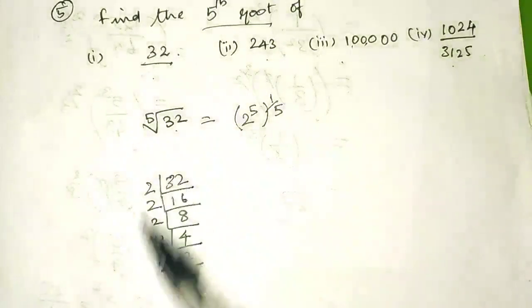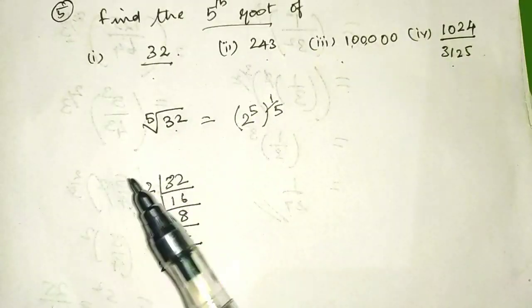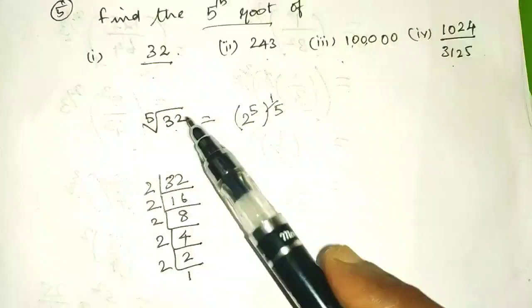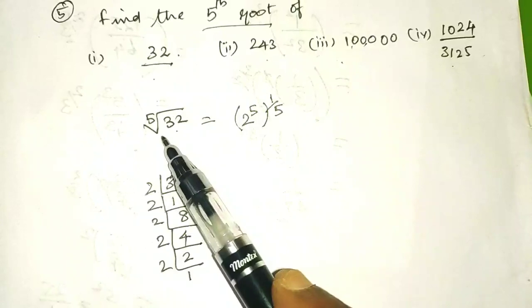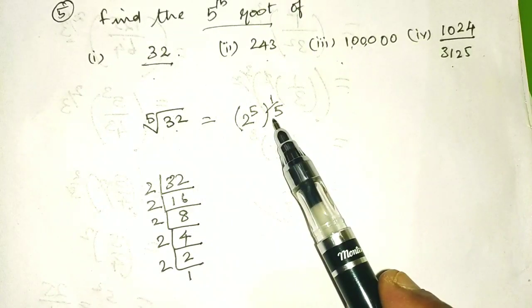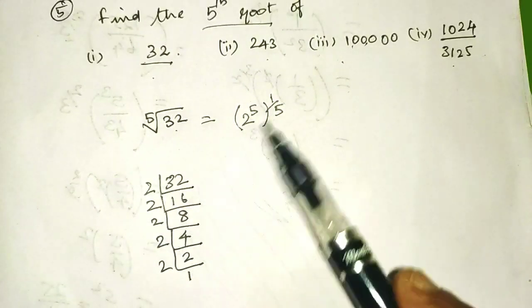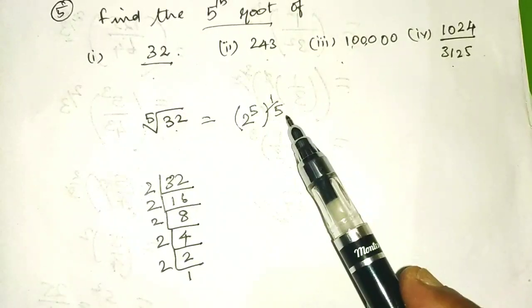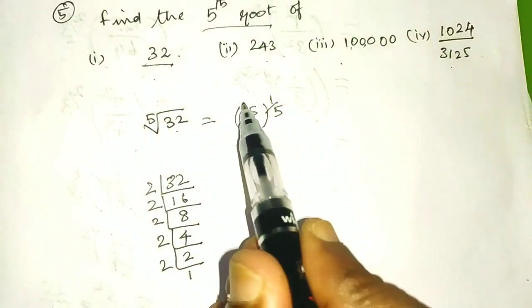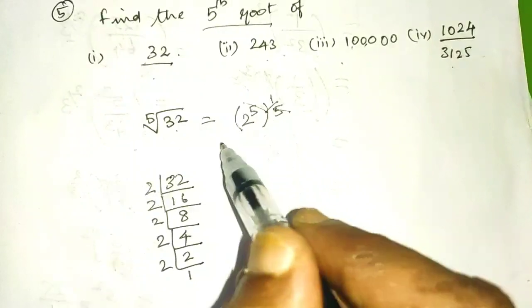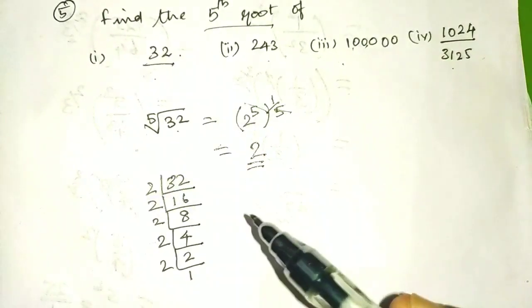Or you have to know the powers. In the starting I already told you to know the powers. If you know the powers, you can write it straight away, or you have to divide this and write this as 2 power 5 whole power 1 by 5, and then the 5 and this 5 get cancelled. You will get the answer as 2.